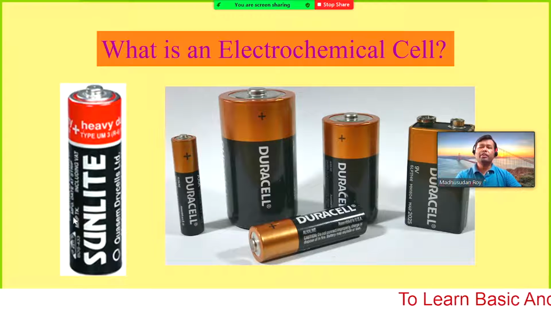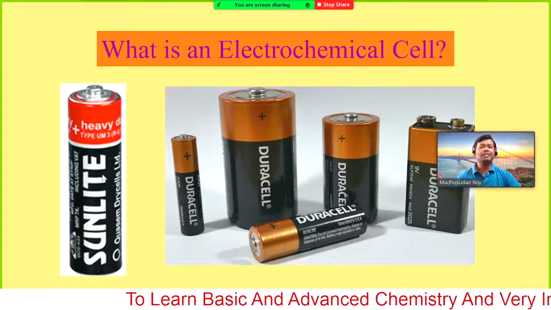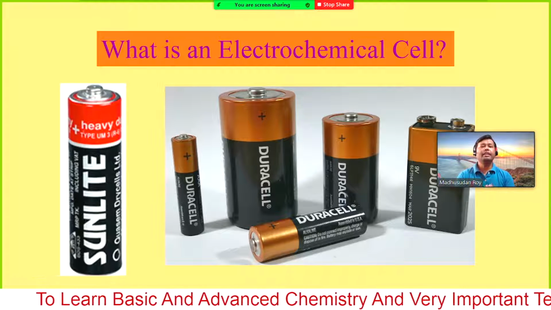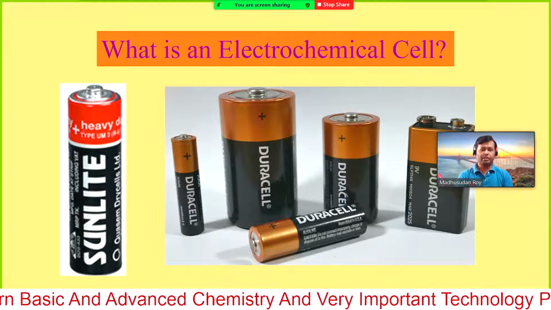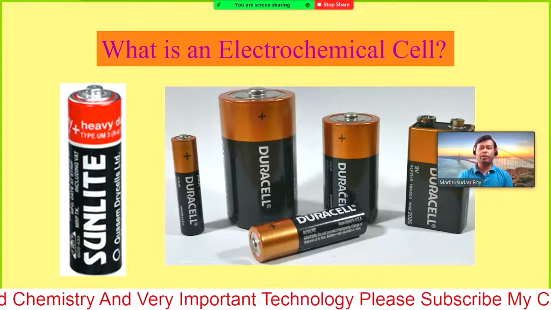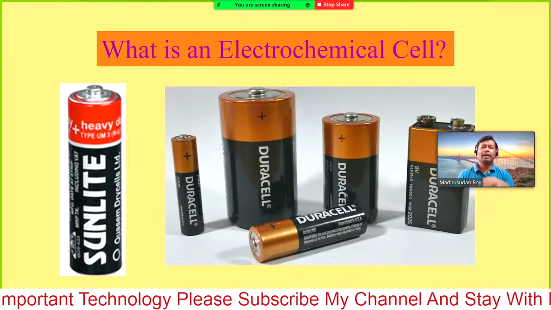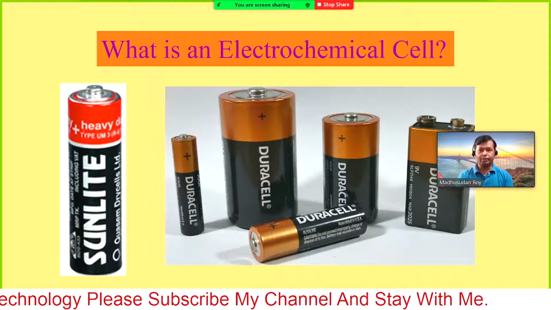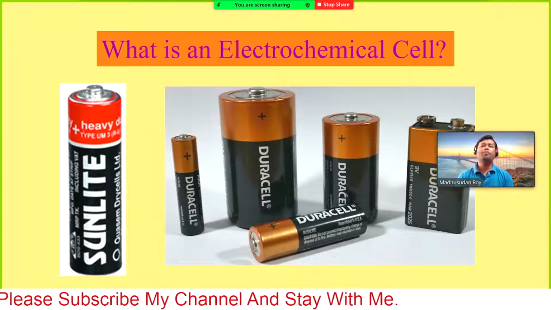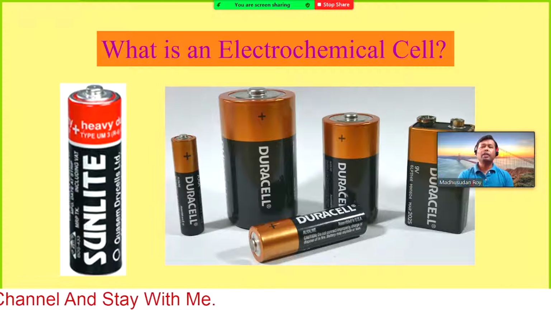Actually, this is not a battery. We always call it a battery, but a battery is a combination of cells. When there are multiple cells connected, either in series or parallel connection, that is known as a battery.